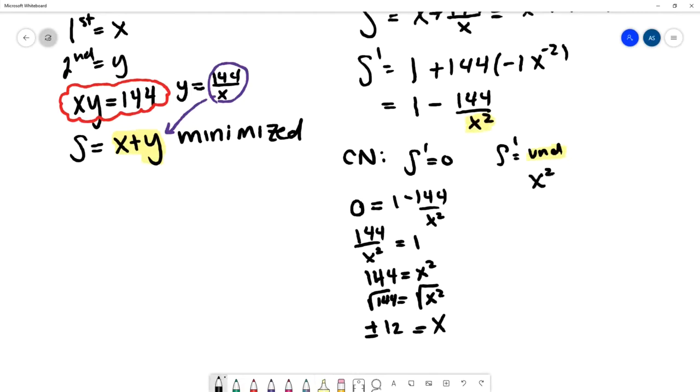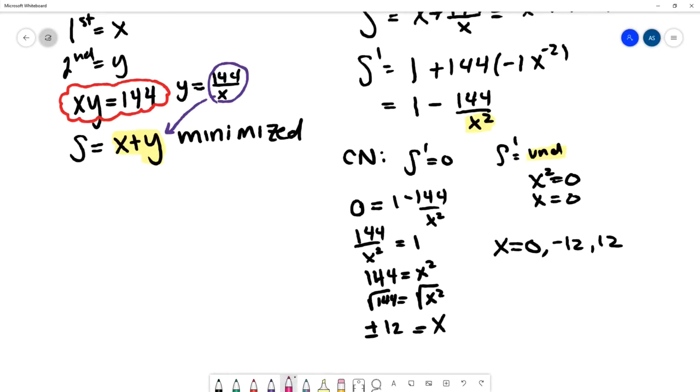So if we set that denominator equal to 0, we can see that we have another critical number of 0. So our critical numbers are x equals 0, negative 12, and positive 12.